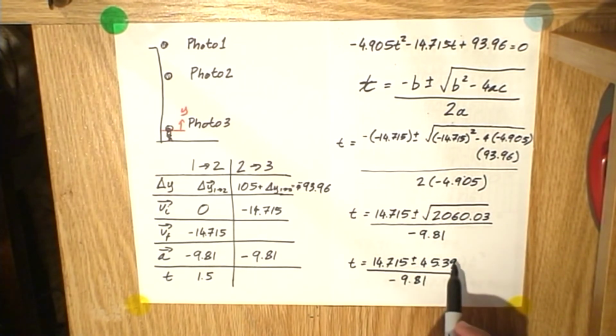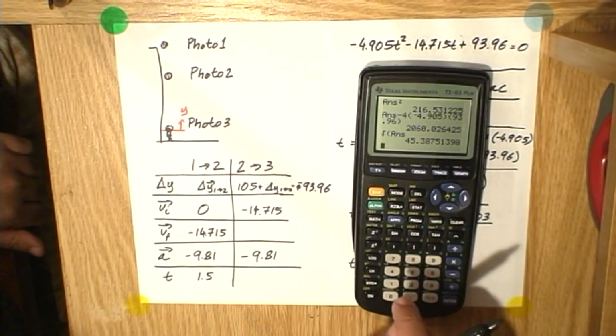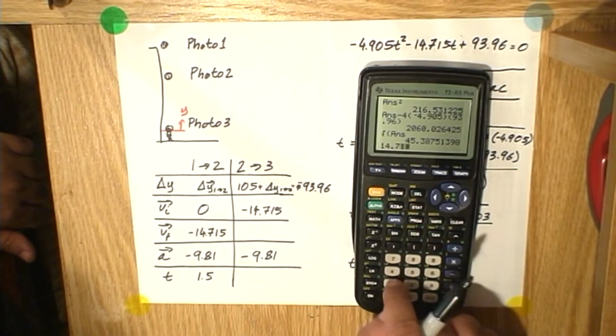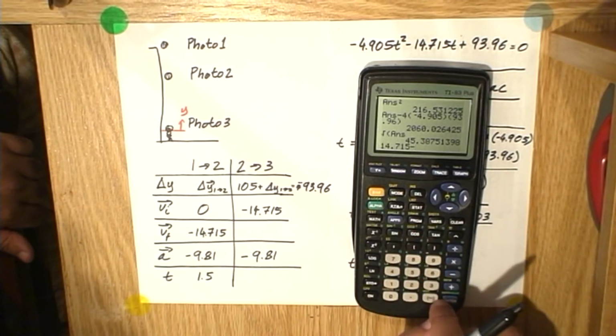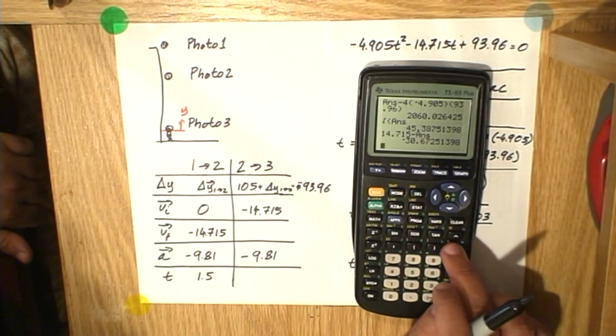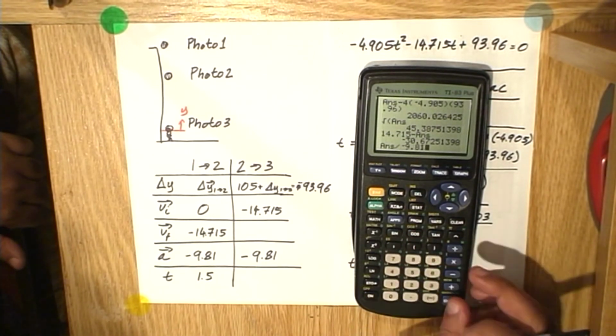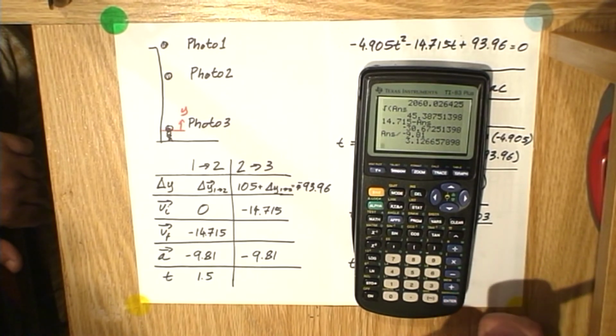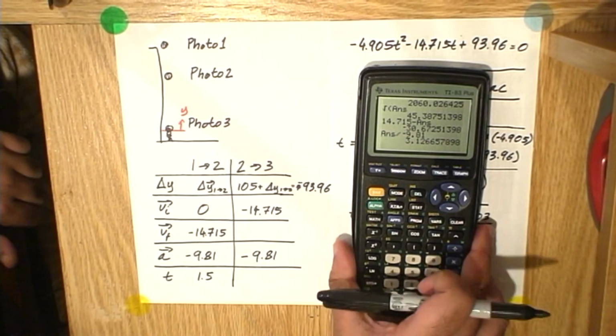Now if I added these, I would get a positive numerator, but a positive divided by a negative would give me a negative, so that won't work. Instead I have to take the negative side. So 14.715 minus 45.39, divided by negative 9.81, gives us 3.13 seconds.